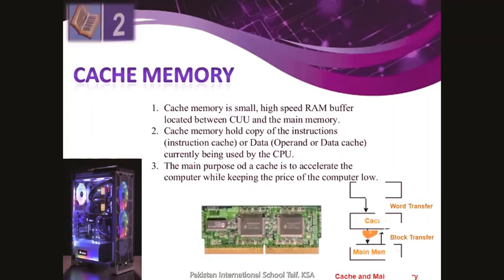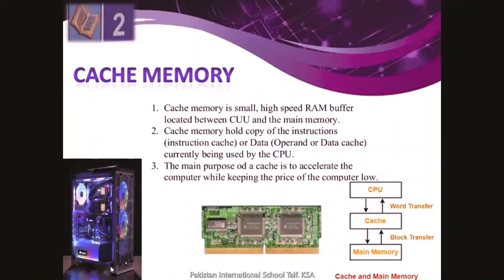Cache memory is a small high-speed RAM buffer located between the CPU and the main memory. Cache memory holds a copy of the instruction cache or data operand, or the data cache, currently being used by the CPU. The main purpose of a cache is to accelerate the computer while keeping the price of the computer low.